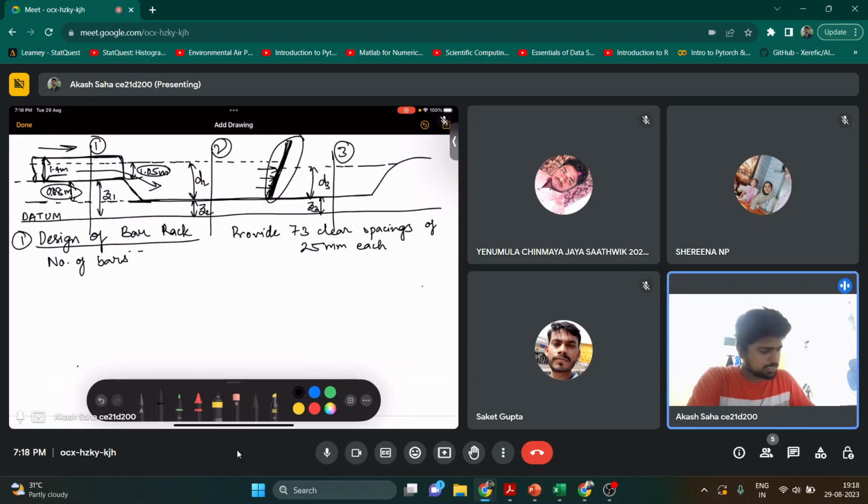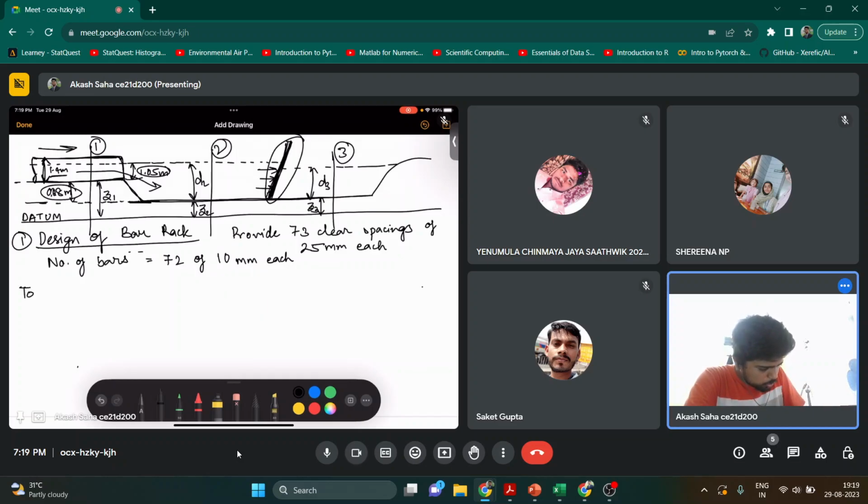So this is my clear spacing. So number of bars will be equal to, if spacings are 73, so number of bars will be 72. And we know the width of each bar is 10 mm each. So we have the clear spacing 73 of 25 mm each, and number of bars will be 72 of 10 mm each. This is given in the question.